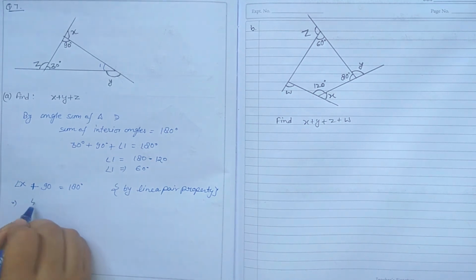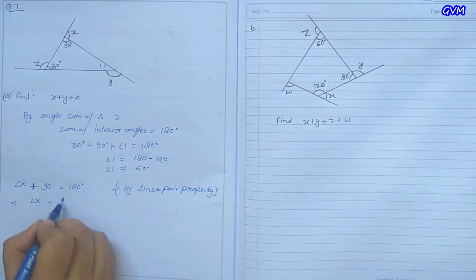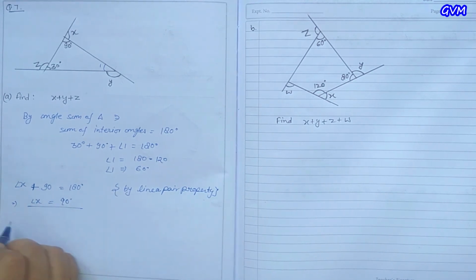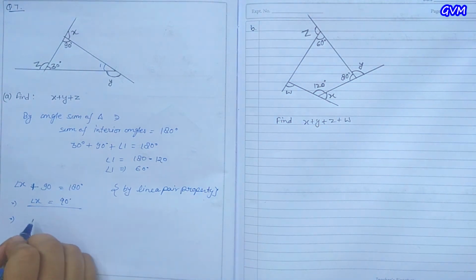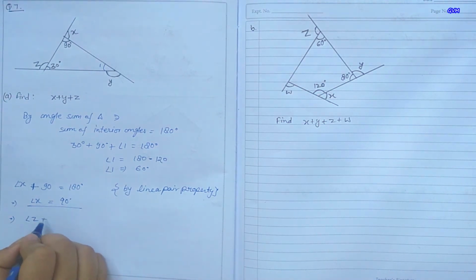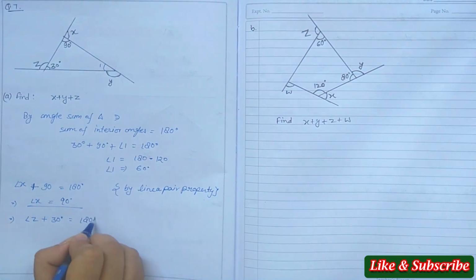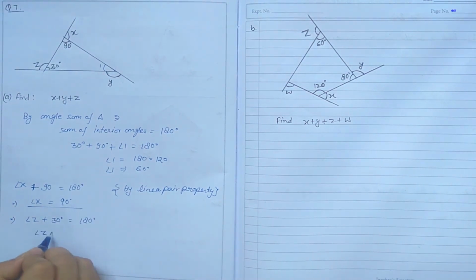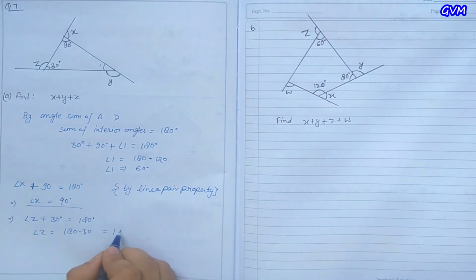So from here we can find x: 180 minus 90 is 90 degrees. This is x. And similarly we can find z, that is angle z plus 30 degrees is equal to 180. So angle z is 180 minus 30, that is 150 degrees.